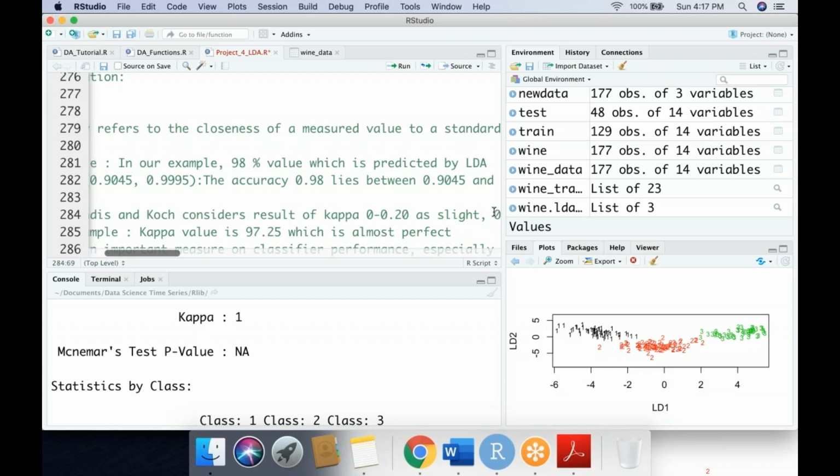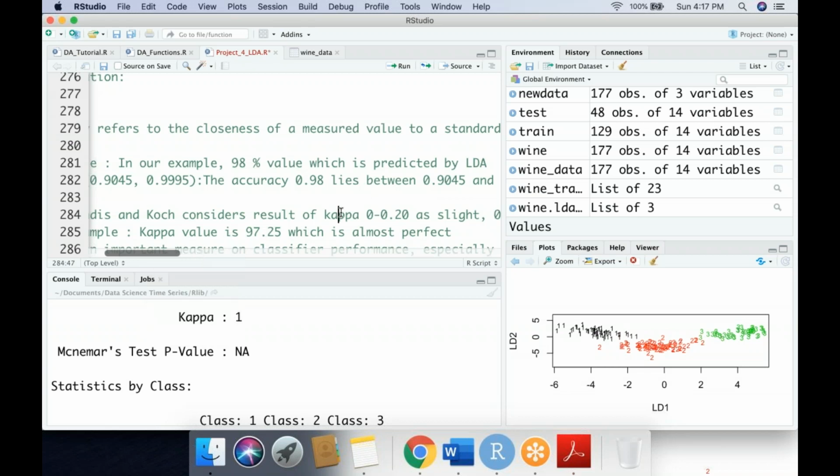Then Achal is telling it's a class 3 wine. So you can see the most agreement we are getting around here, and that value is what kappa talks about. If multiple models or multiple people come to the same agreement on the outcome, then it will have a very good kappa score. And going forward, you will see kappa values are very good predictors of your model.